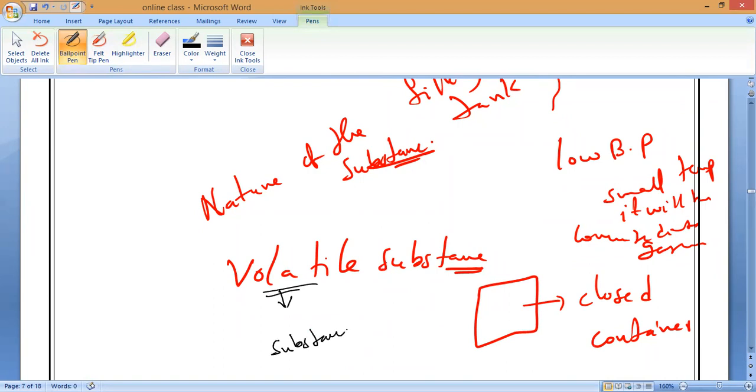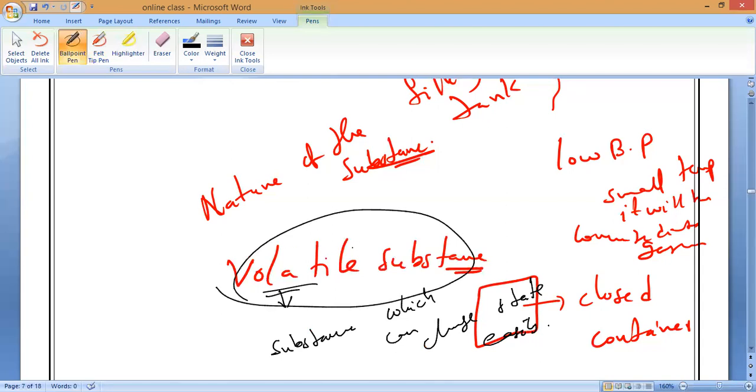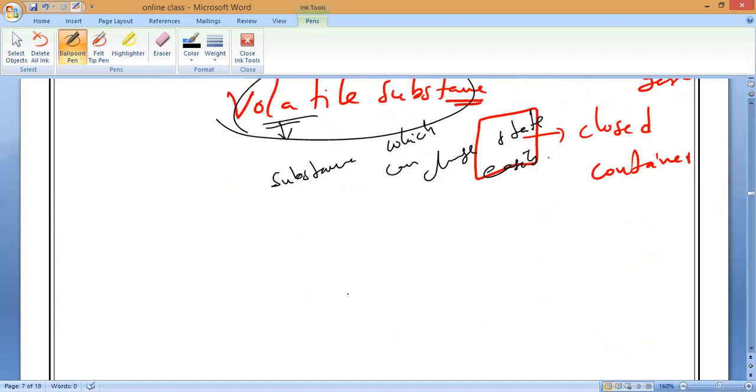Substances which can change their state easily are called volatile substances. The opposite of volatile, we call non-volatile substances.